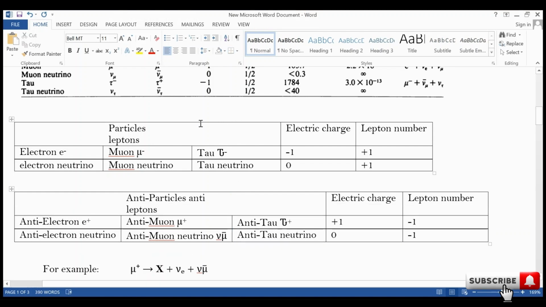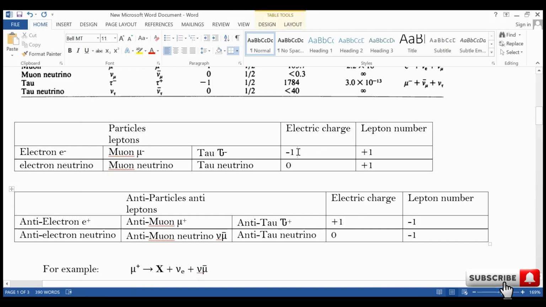As we have already discussed, particles have a lepton number of +1. So these all 6 particles have a lepton number of +1, while these antiparticles or anti-leptons have a lepton number of -1, opposite to this +1. While for their electric charge, electron, muon, and tau have an electric charge of -1, and electron neutrino, muon neutrino, and tau neutrino have an electric charge of 0. Similarly, anti-electron, anti-muon, and anti-tau have an electric charge of +1.